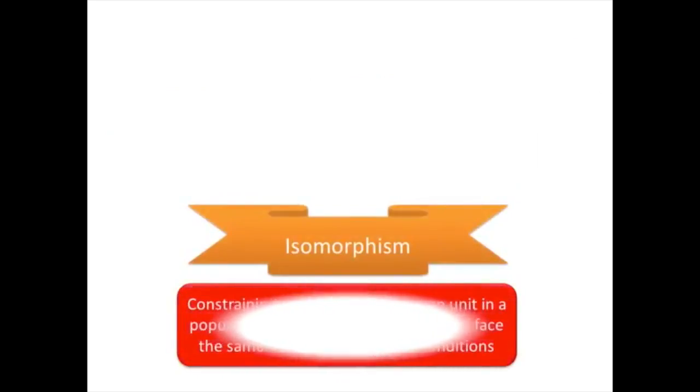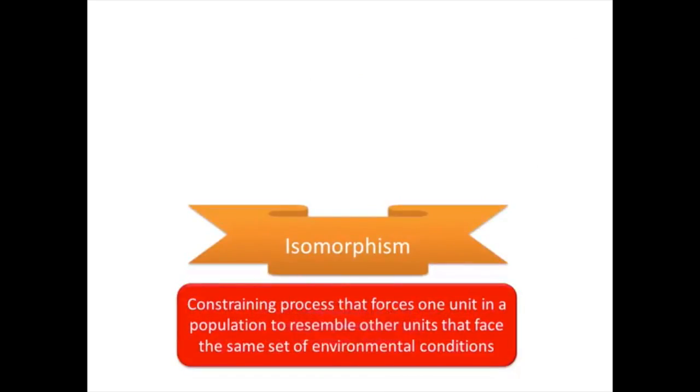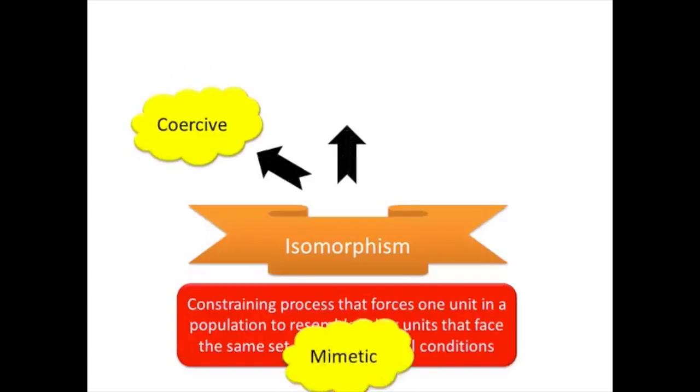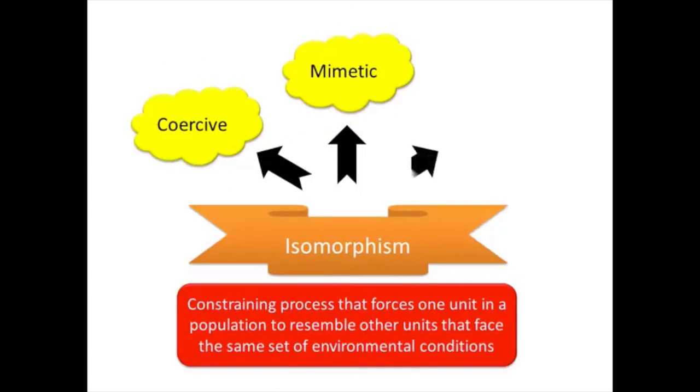Now, let us look at the first dimension in institutional theory, which is isomorphism. Isomorphism is a constraining process that forces one unit to resemble other units in the same environmental conditions. The three processes in isomorphism are coercive, mimetic, and normative.